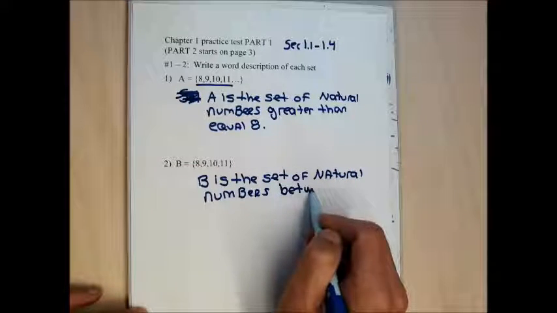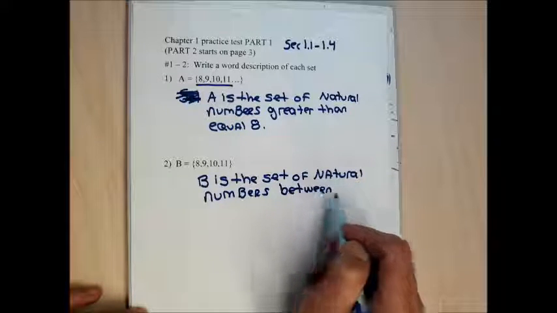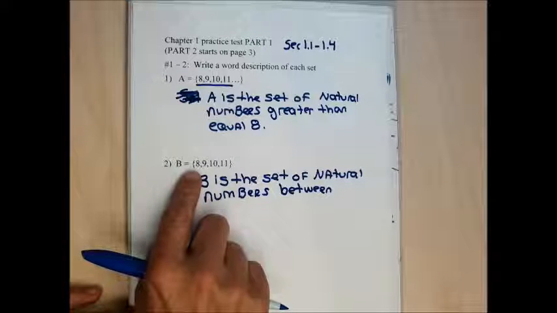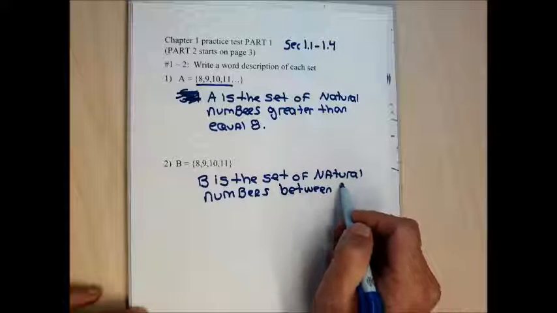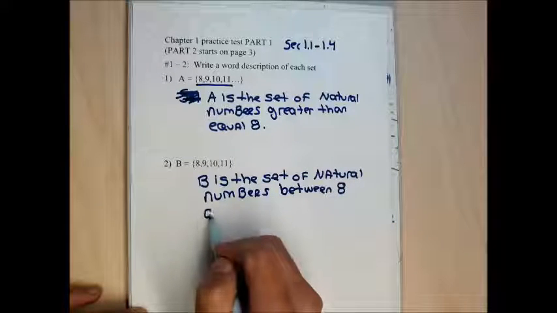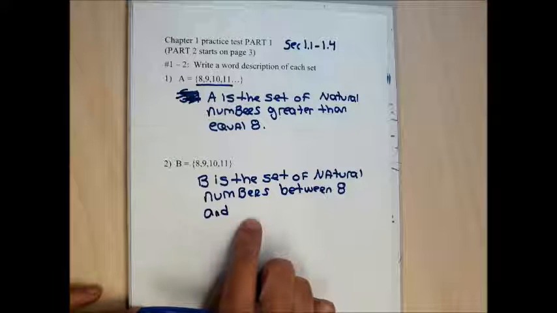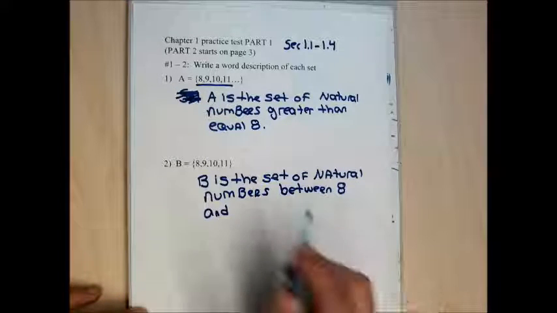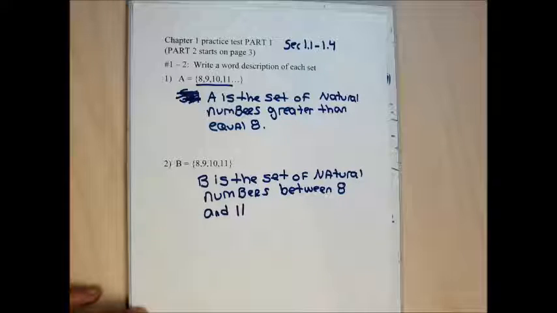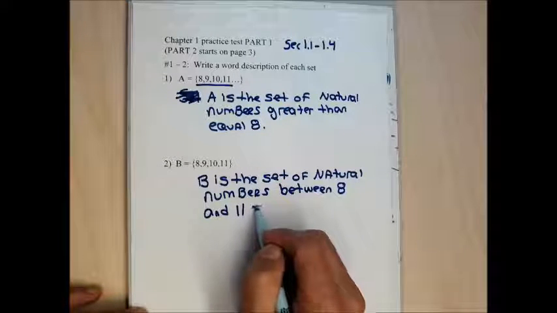The way I like to do the between problems is to state what the first and the last number are. And, of course, we have to put one more word to make sure that we're counting the 8 and the 11 and not excluding them, and that's the word inclusive.